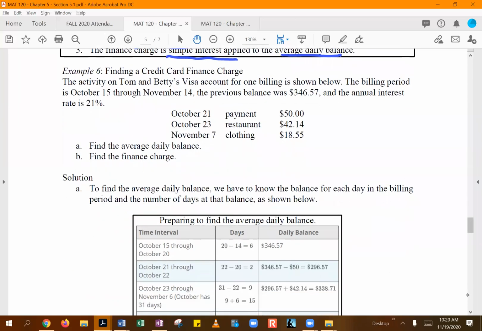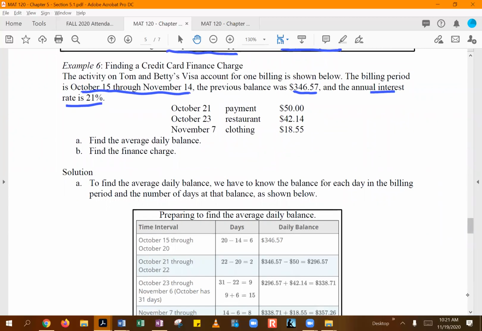Let's take a look at this example. We're talking about the activity on Tom and Betty's Visa account for one billing period, from October 15th to November 14th. The previous balance was $346.57, and the annual interest rate on this credit card is 21%.